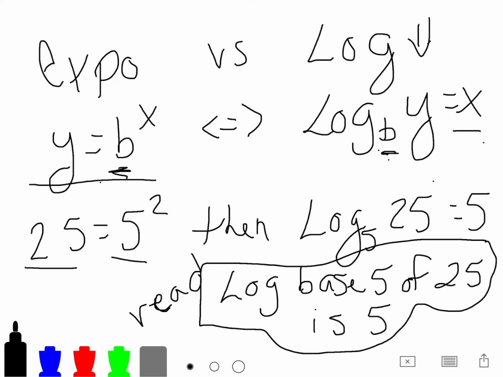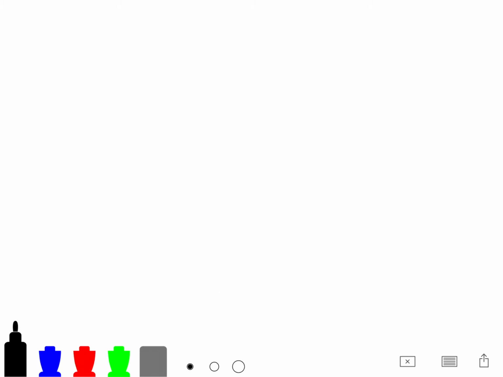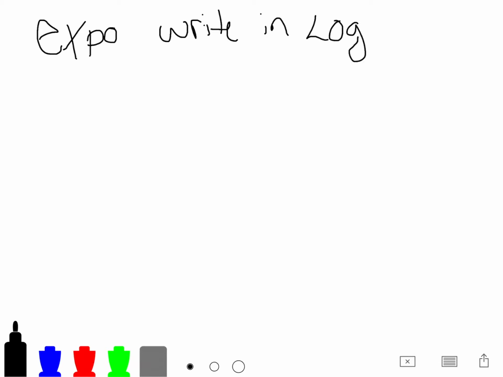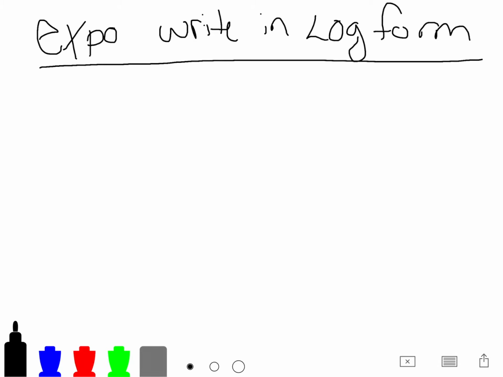Okay, next page on the notes, we're going to be taking exponential functions and we're going to write them in log form. If you would like to look this up on the internet to get some secondary notes, that's what you would look up.